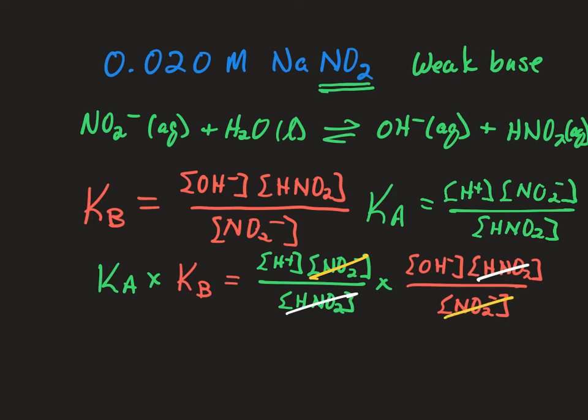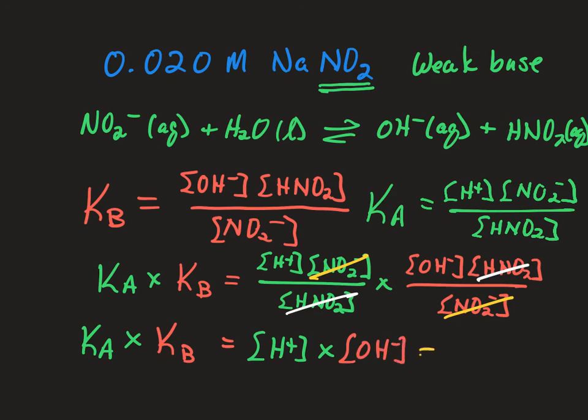And so that leaves us with only Ka times Kb equals the concentration of hydrogen ions times the concentration of hydroxide ions, which is equal to our Kw, which as long as we're at 25 degrees is 1.0 times 10 to the minus 14.